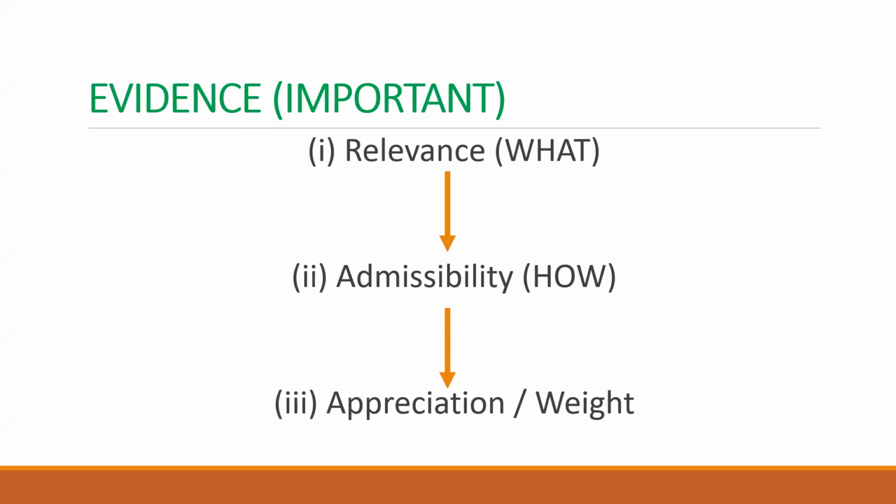You don't bother whether it is similar fact evidence, opinion evidence, or whatsoever, because anything they ask shall normally be inside sections 5 to 55. So whenever the question being drafted requires you to give input about relevance, you must go through this three-step procedure.